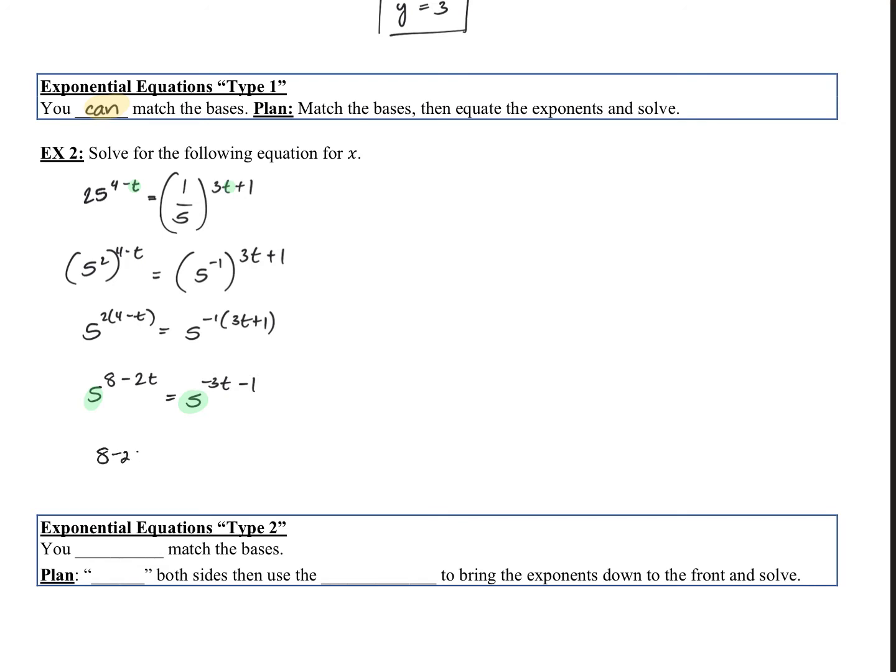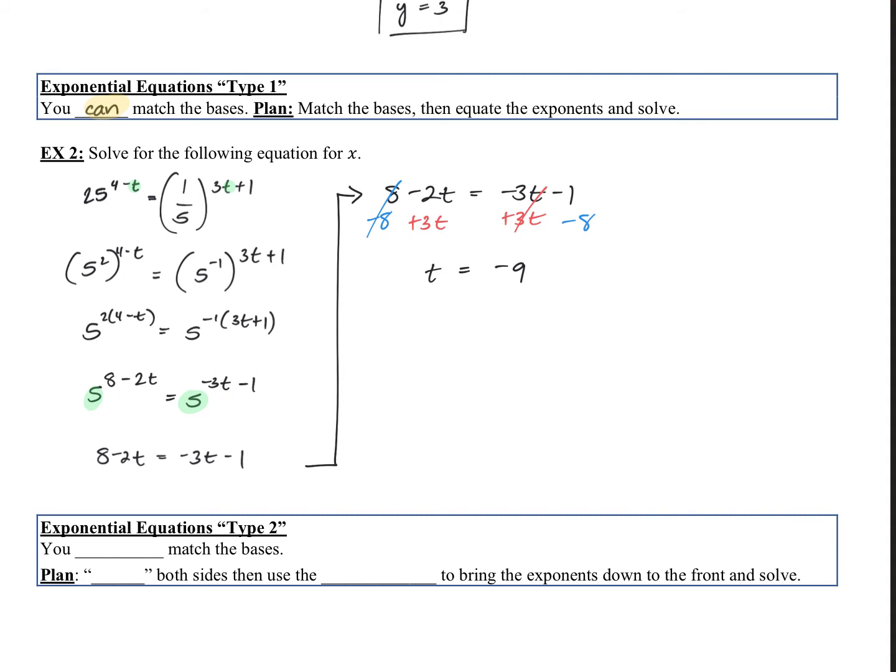So 8 minus 2t equals negative 3t minus 1. Let's go ahead and keep solving. I'm going to move the t's to the left, so we'll add 3t to both sides. And I'll subtract the 8 from both sides. Then I have t equals negative 9.